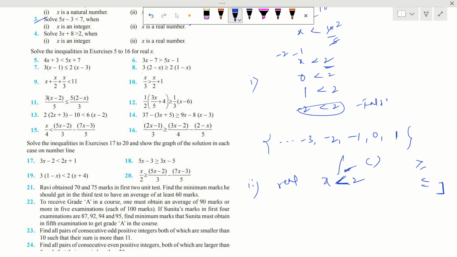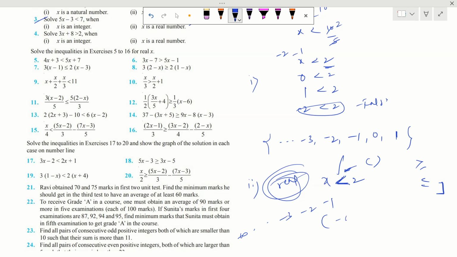All negative numbers will satisfy the inequality, say minus 1, minus 2. Real numbers include integers and rational and irrational numbers. All negative numbers up to minus infinity will satisfy this inequality, and it goes on continuously up to 2. Since I have mentioned real numbers, they are written in an interval, and because only one condition is given, this is an open interval.